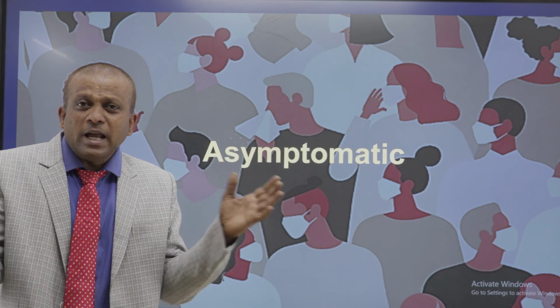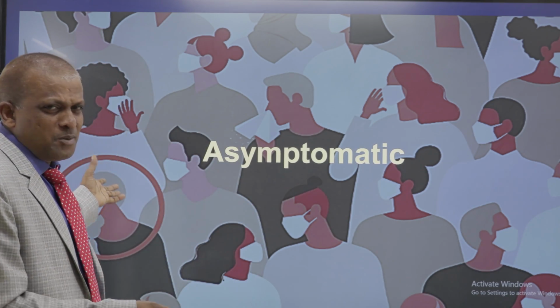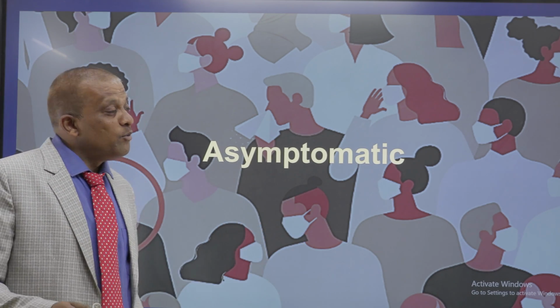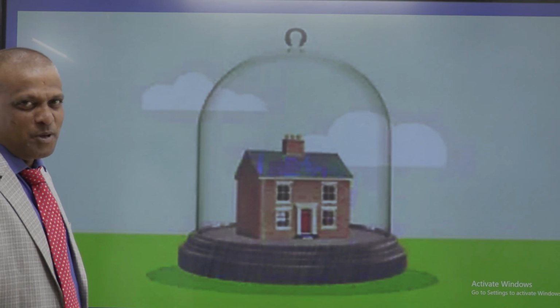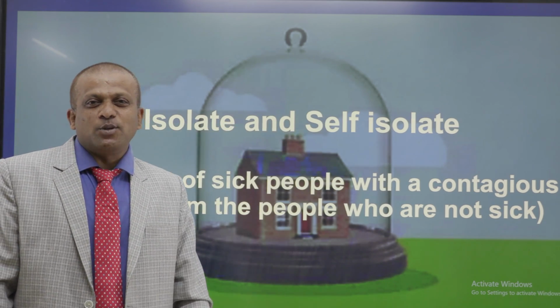The next one is asymptomatic. People having no symptoms at all, but still liable to get the virus. There is some study which is being shown, but the meaning of this is having no symptoms. So, anyhow let us be very careful. The next word is, this picture I think makes you understand what the word could be, isolate and self-isolate.